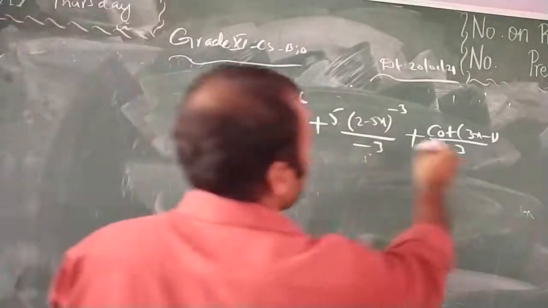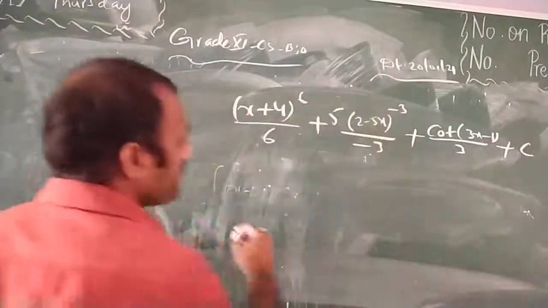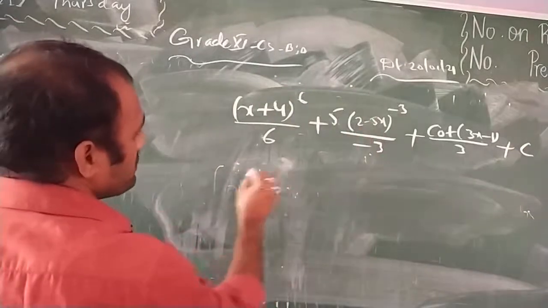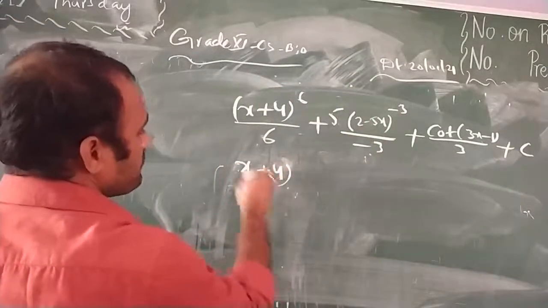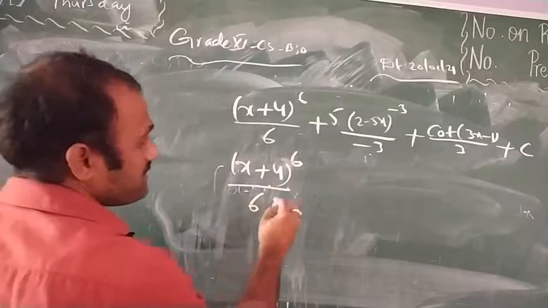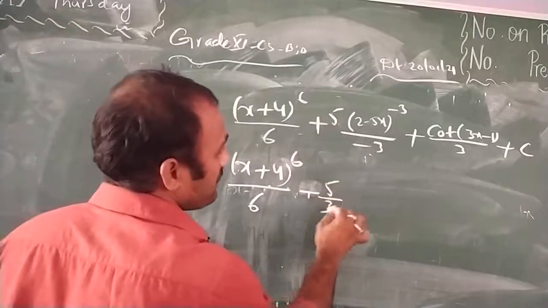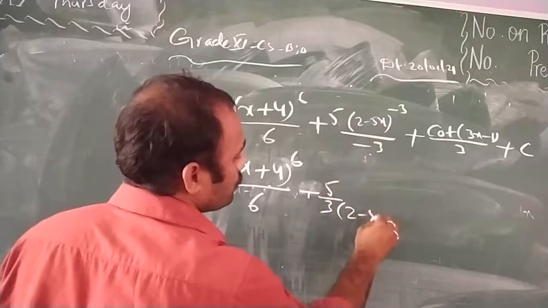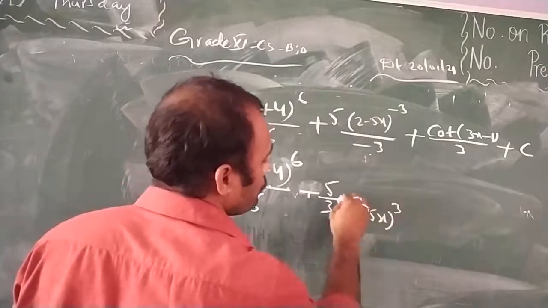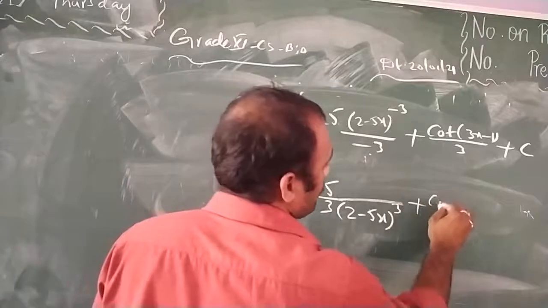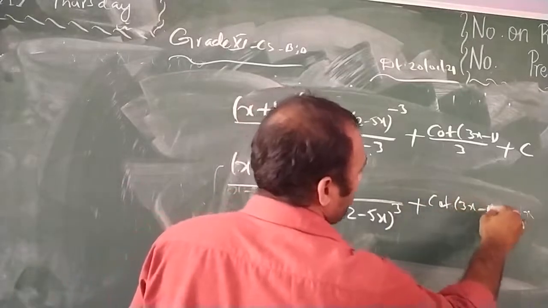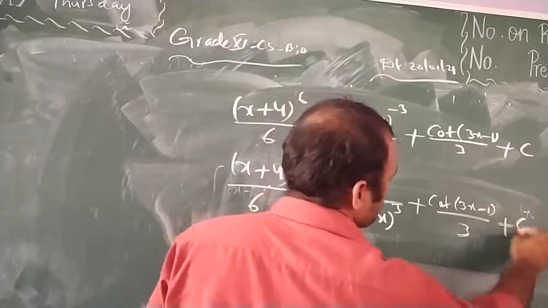Everything we have integrated, so we put plus c, the arbitrary constant. This can be written as another step: (x plus 4) whole to the power of 6 by 6, plus into minus 5 by 3, this will come in the denominator, (2 minus 5x) whole cube, plus cot of (3x minus 1) by 3, plus c.